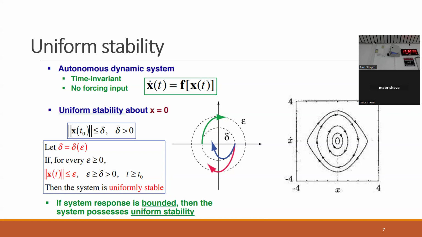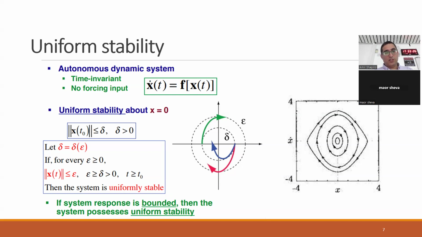And you can see here systems which are stable. It means they are not diverged, but they do not necessarily converge to 0. But they stay within a certain radius of the equilibrium. That means the system is uniformly stable, and it means that it does not diverge.